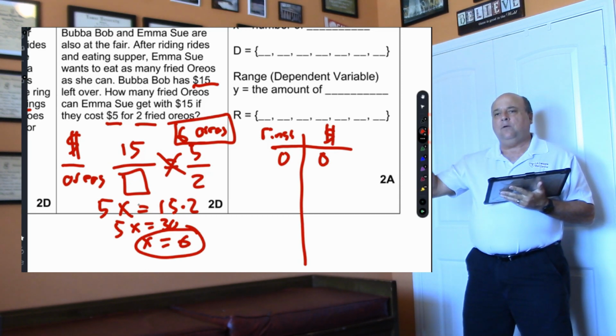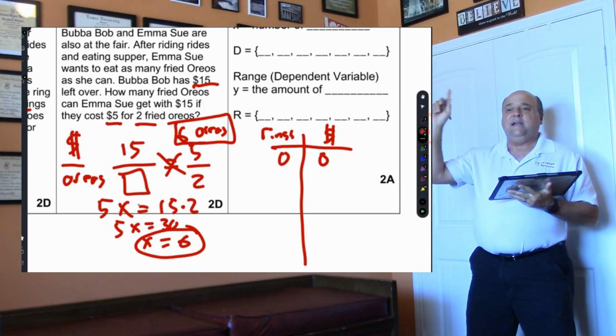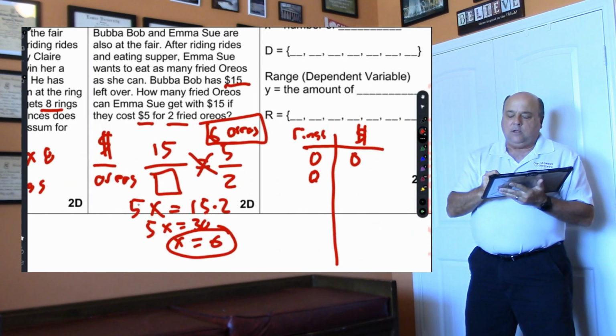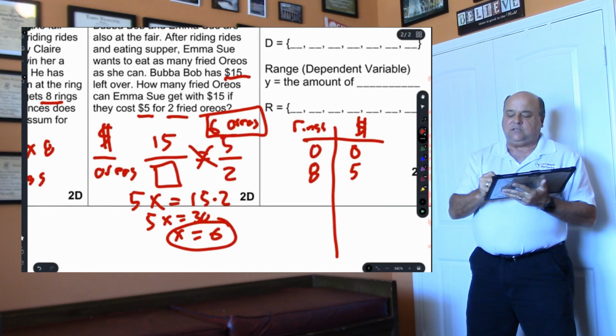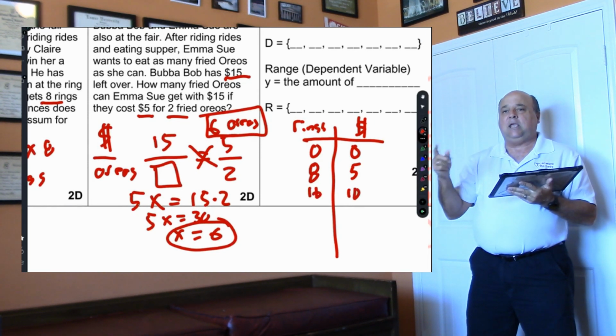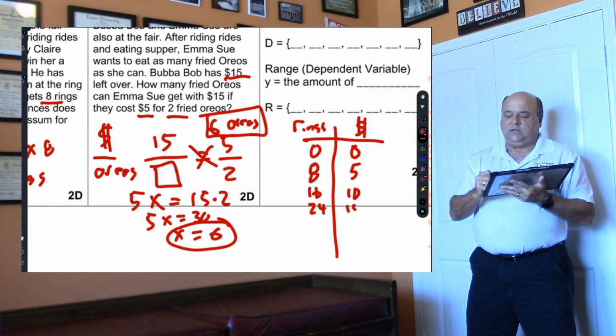The rings is going to be on the X. The Y will be up here. The first time we play a game, we get 8 rings, don't we? So with 8 rings, it's going to cost us $5. Then we're going to get 16 rings for $10. And we keep doing this. 24 is 15, 32 is 20, 40 is 25, and 48 is what?